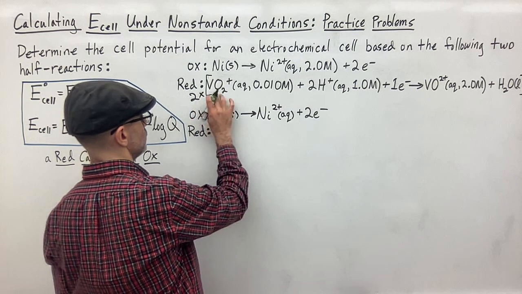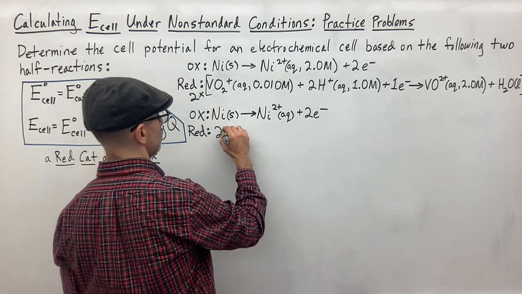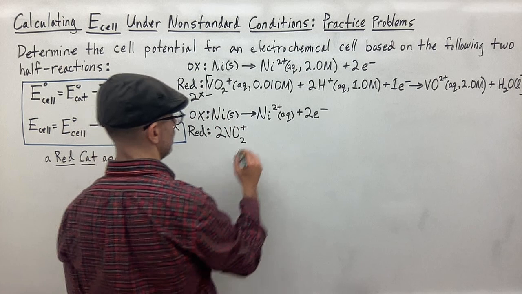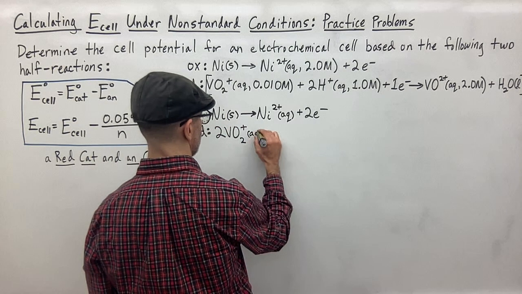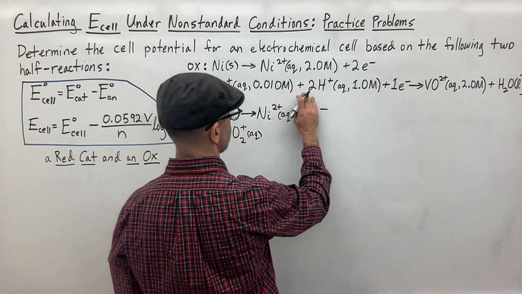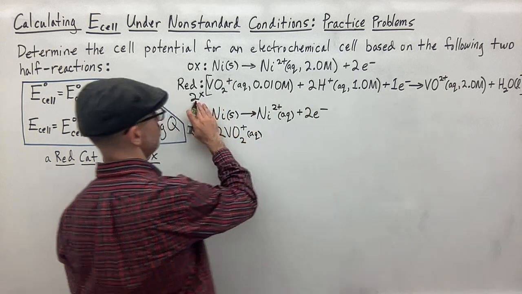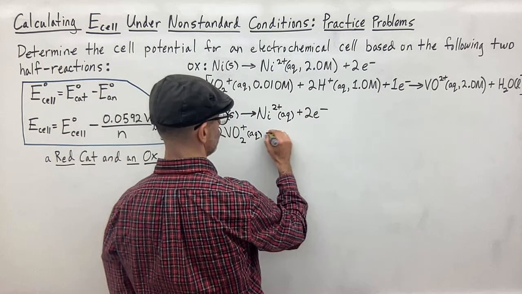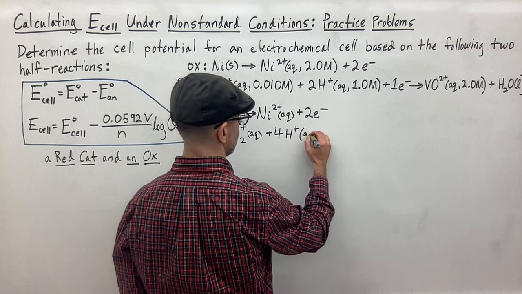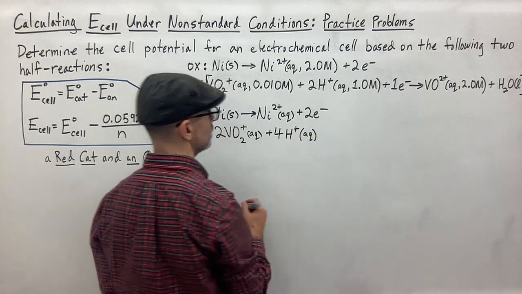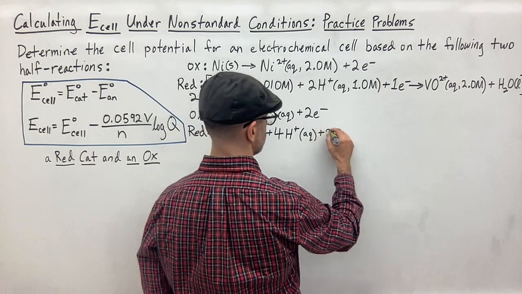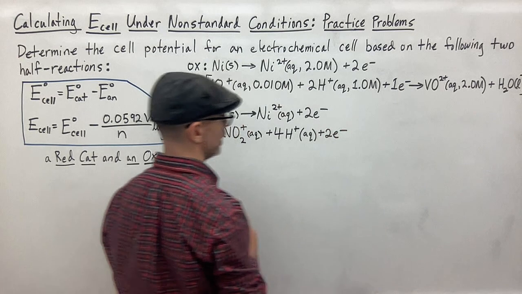So 2 times this gives us 2 VO2 plus, aqueous. And then we're adding H plus, but 2 times 2 gives us 4 H plus, again aqueous. And then 2 times 1 gives us 2, so that's going to be 2 electrons.